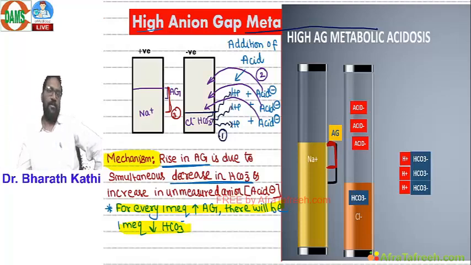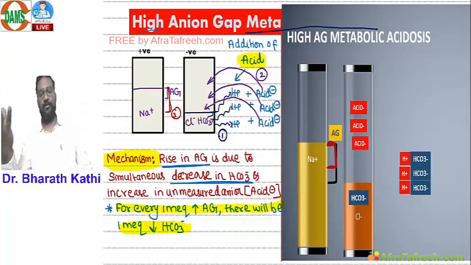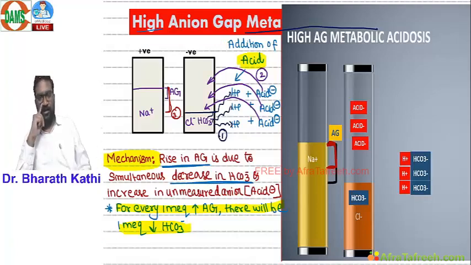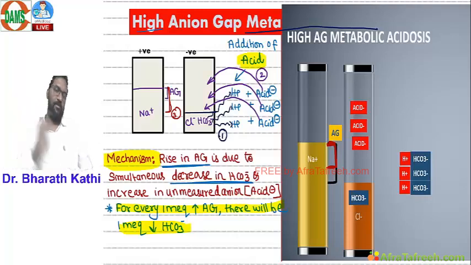Now, what will be the causes of high anion gap metabolic acidosis? How will acid be added to your body? Multiple phenomena are there. Acids such as keto acids adding to your body is ketoacidosis, and lactic acidosis. When will all these acids added to your body not go out? During renal failure. And also toxins.